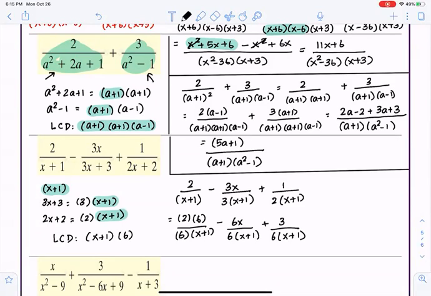So now we have a common denominator, and that common denominator is 6 times x plus 1. So I can combine the numerators. So 12 for 6 times 2, minus 6x, plus 3, which would give us 15 minus 6x over 6 times x plus 1.